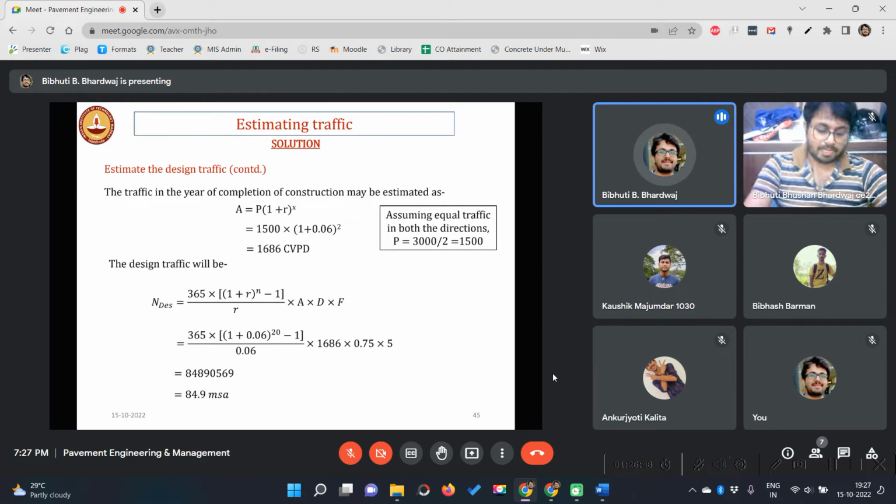When we do it like this, the first step will be P divided by 2, because it's a divided carriageway: 4 lane, 2 lane this way, 2 lane this way. So in one direction only 1500.